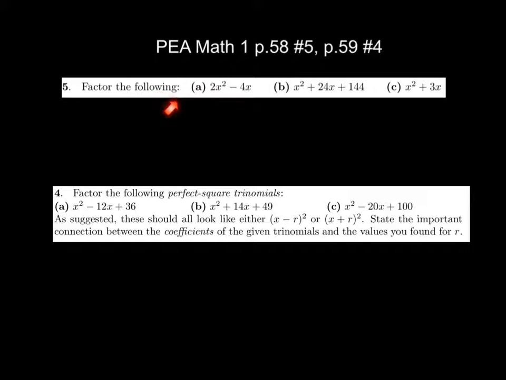Factor the following. So on A here, what we're looking for is a factor that we can divide out of both 2x squared and the negative 4x. The way I think about it is we're looking for a number first that we can factor out of each of these.